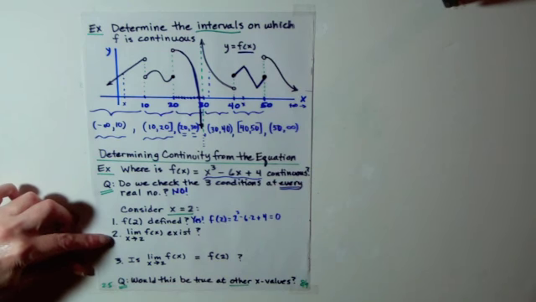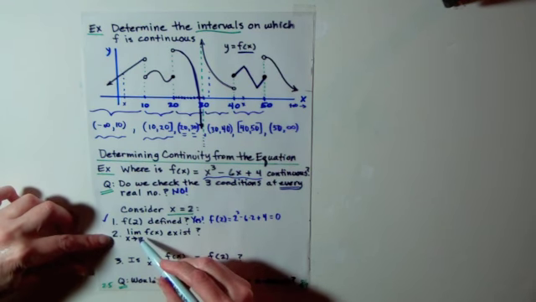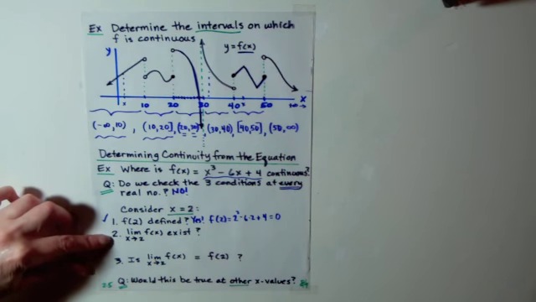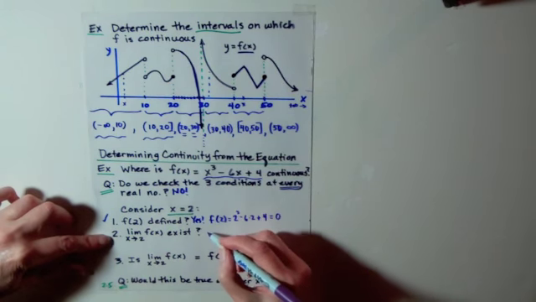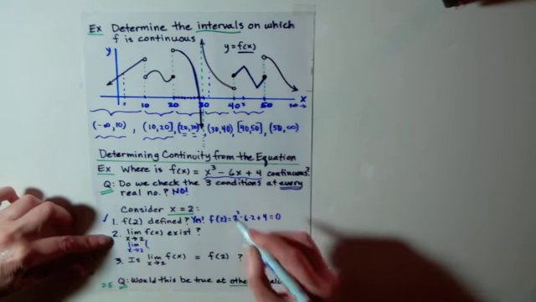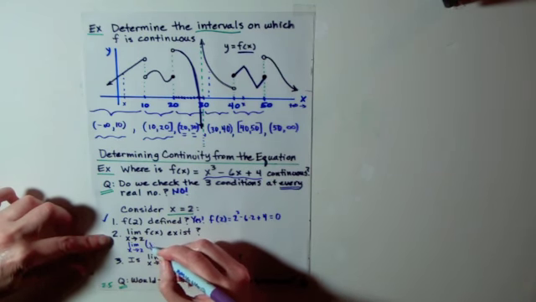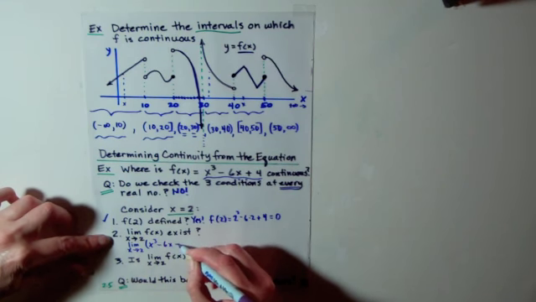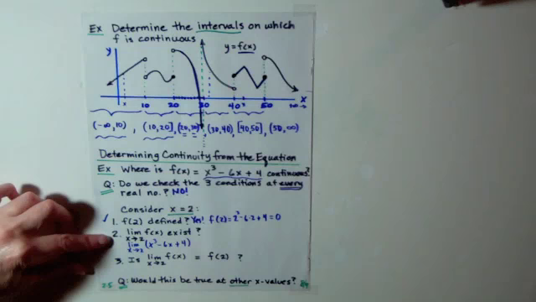So it happens to give me an output value of 0. Well, let's go to condition 2. It satisfies condition 1. Let's see if it satisfies condition 2. I want to ask, does the limit as x approaches 2 of f of x exist? That means I'm trying to find the limit as x approaches 2 of x cubed minus 6x plus 4. Is that a limit we know how to do?